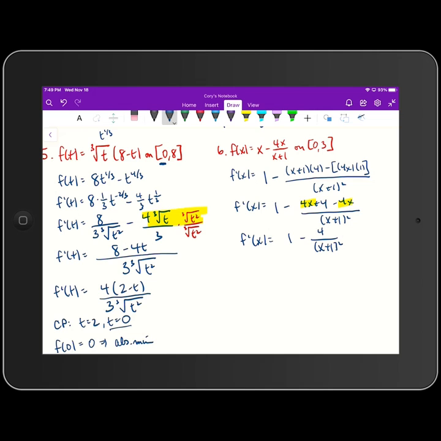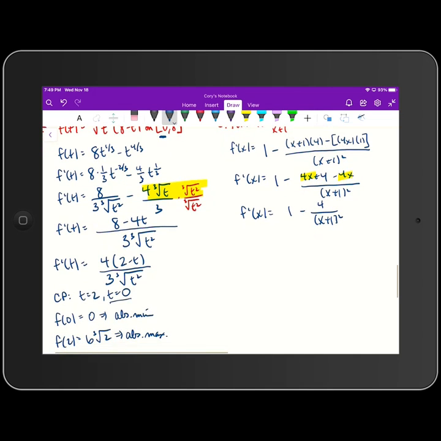Okay, so just like in the previous example, I want to combine into a single fraction here to simplify. So my common denominator is going to be x plus 1 squared. So 1 is x plus 1 squared over x plus 1 squared, minus, and then the second fraction I don't have to do anything to because it already has that denominator. So I'm going to subtract 4. Okay, so I'm just going to simplify the numerator here.